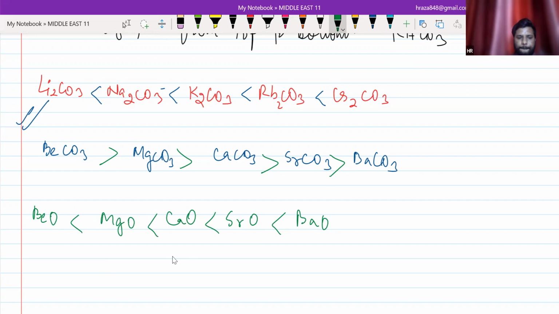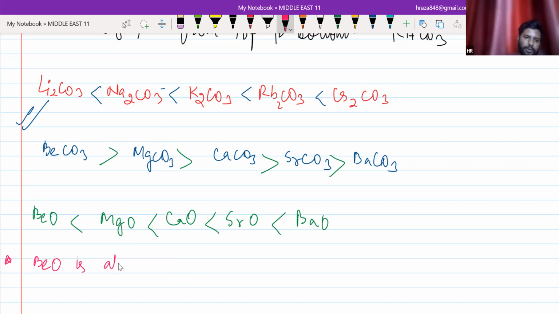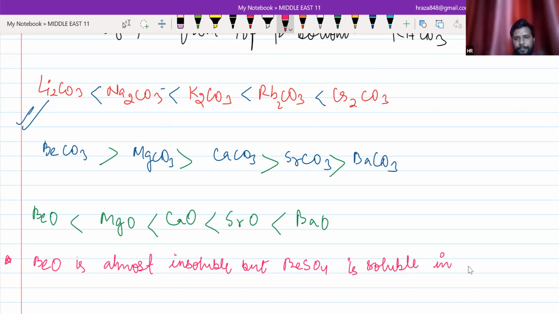Okay. Yes, sir. BeO is almost insoluble, but BeSO4 is soluble in water. Why is it so?